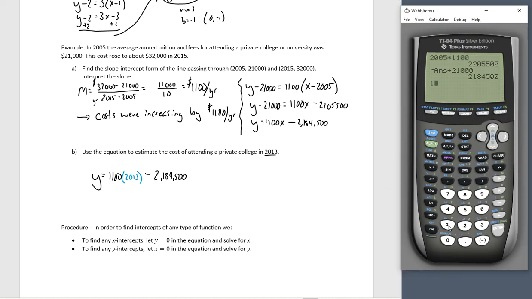Okay, so we have 1,100 times 2013 minus 2,184,500. And it seems as though tuition in 2013 would have been 29,800.